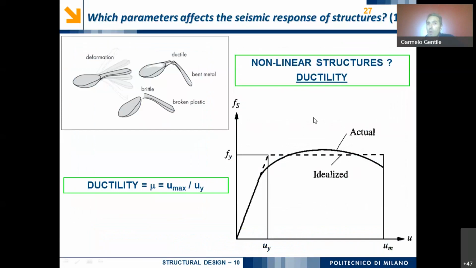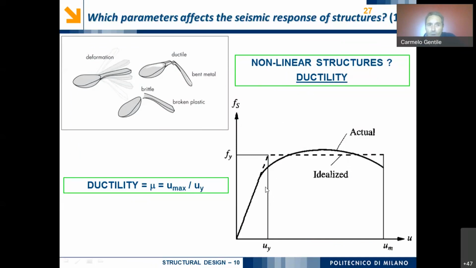In addition, for a nonlinear structure we also have to use ductility, and we have already defined what ductility is. Mainly in earthquake engineering or in structural design, we can define the ductility of a nonlinear structure as the ratio between the ultimate value of the displacement and the displacement at first yielding.